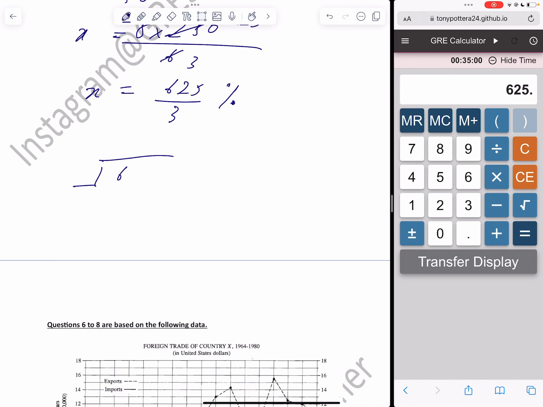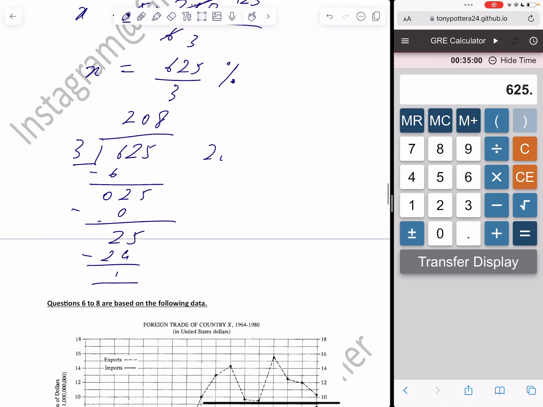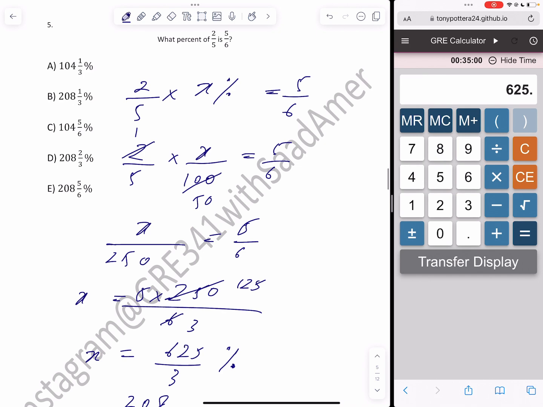So 625 and 3. 3 2s are 6. Bring down 2, 5. 3 8s are 24. Left with 1. So 208 wholes, 1 over 3. This would be the answer. The answer is B.